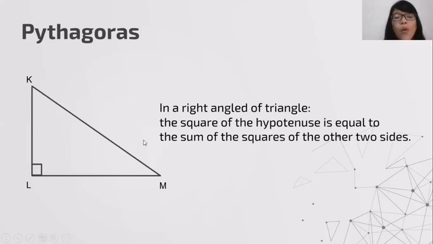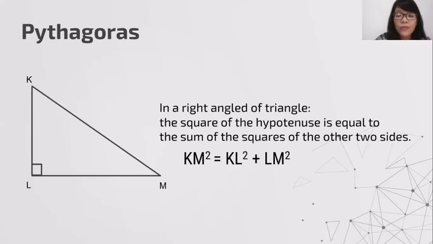Jadi dia bilang bahwa kuadrat dari sisi miring sama dengan jumlah dari kuadrat dua sisi yang lainnya. Bentuknya biar lebih gampang seperti ini. So here we have KM squared equals KL squared plus LM squared.